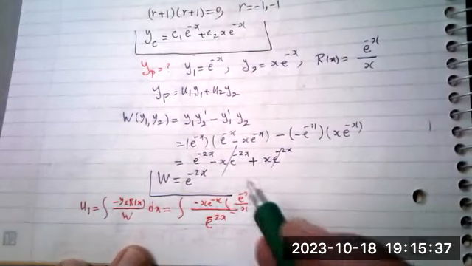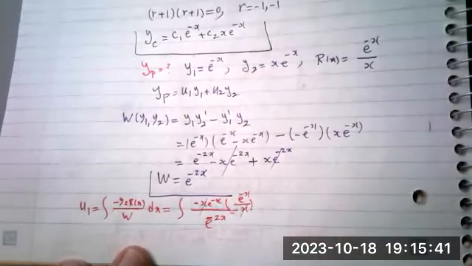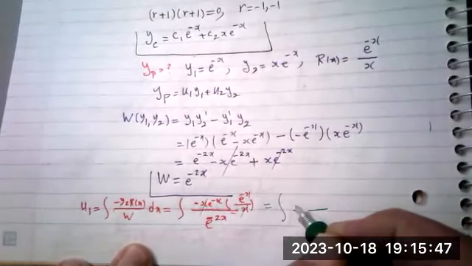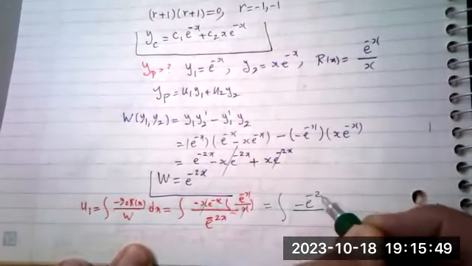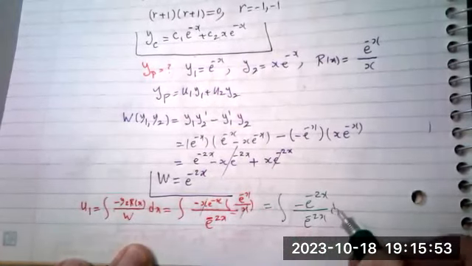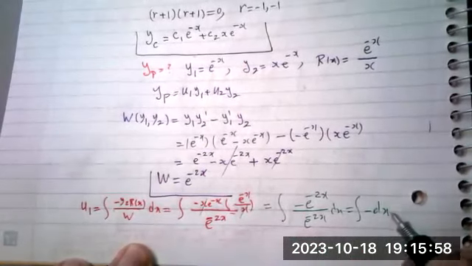So we simplify: the x and x cancel out. On the top, we get e to the negative x times e to the negative x, which is going to be negative e to the negative 2x. And the bottom one is e to the negative 2x, so it cancels out. We get negative dx, which is negative x.